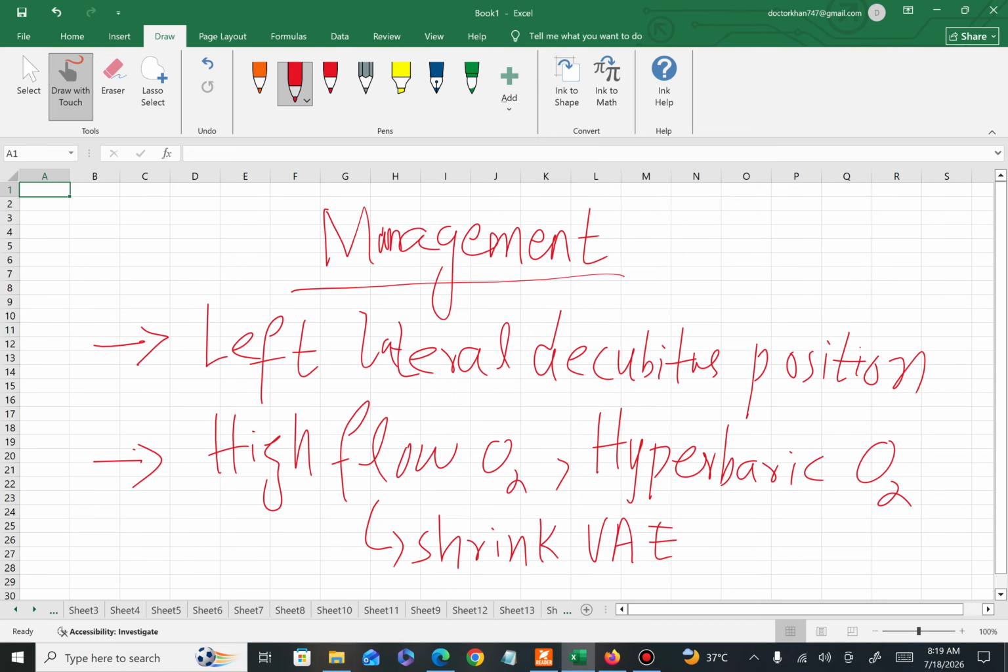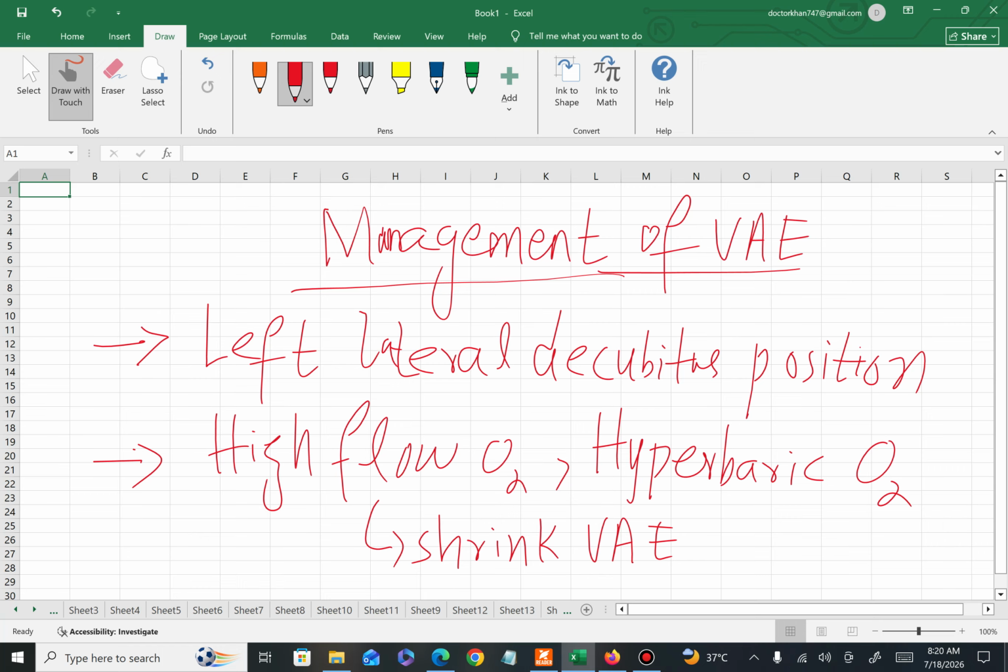So for the management of venous air embolism, if we suspect it, immediately we will place the patient in left lateral decubitus position, because it will prevent right ventricular outflow tract obstruction and trap the venous air embolism in the lateral wall of the right ventricle.